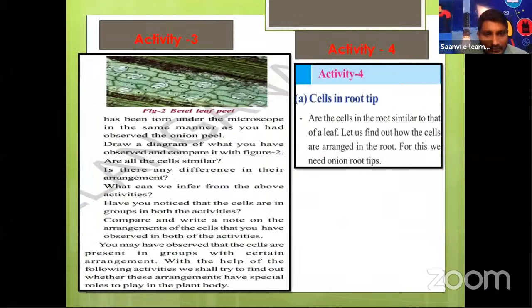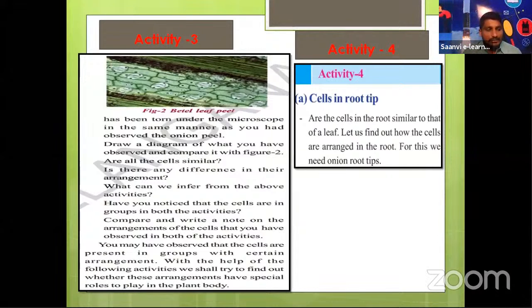Now, after collecting that sample from the beetle leaf peel, we have to observe it in the same manner as you observed the onion peel. So what is the same manner? You have to spread that particular sample on the slide and add one or two drops of water and glycerin also.